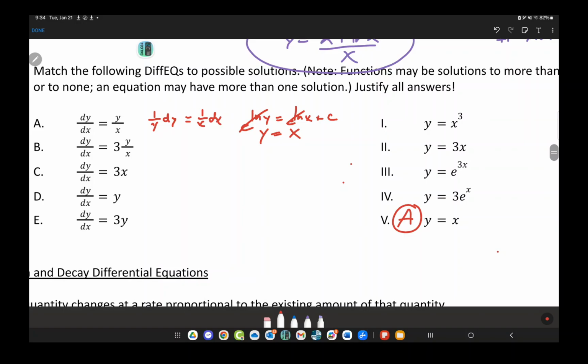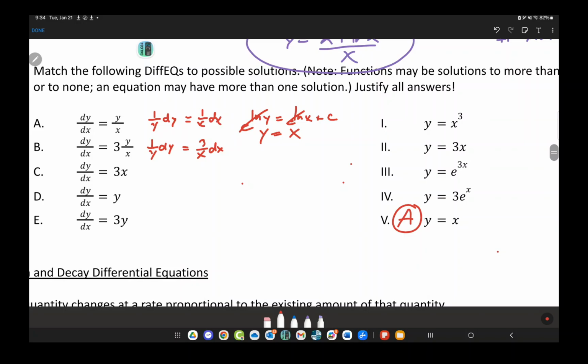So we could write this as what? Let's keep 1 over y, make it easy. So we have 1 over y dy equals 3 over x dx.